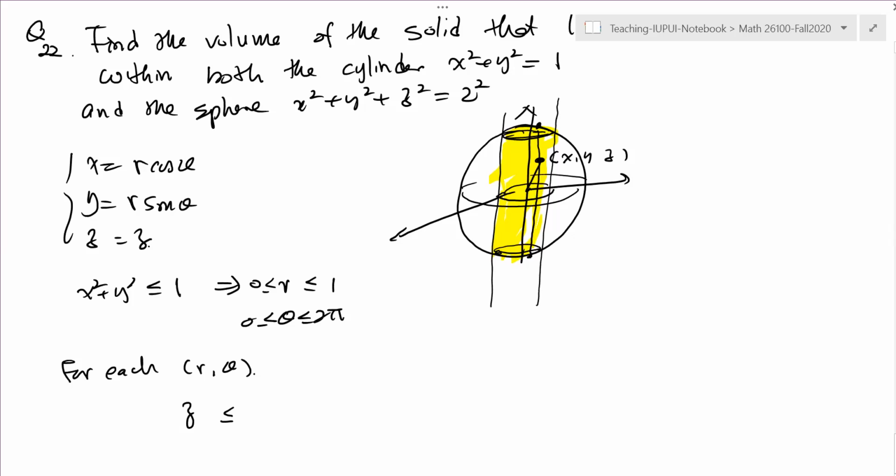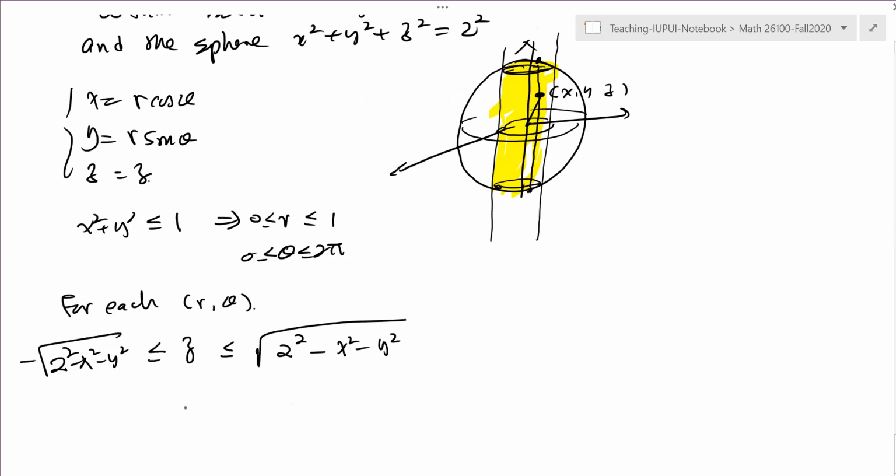The upper bound, when you solve the equation for the sphere, is the square root of 2 squared minus x squared minus y squared, and the lower bound is negative the square root of 2 squared minus x squared minus y squared. If you use cylindrical coordinates, you can change it to this.